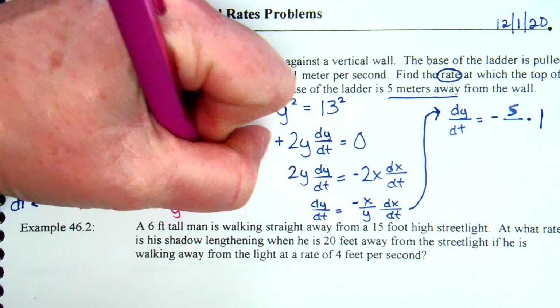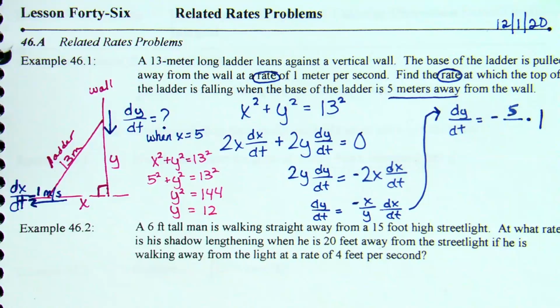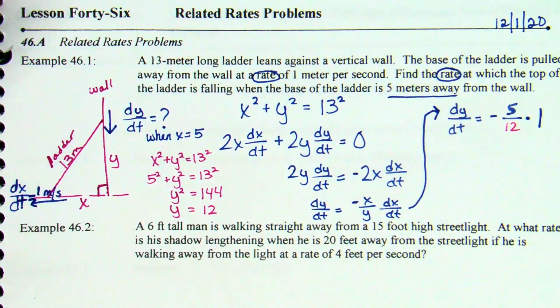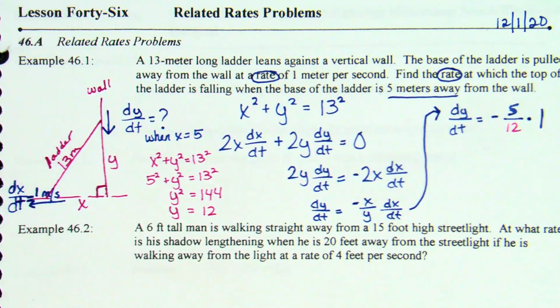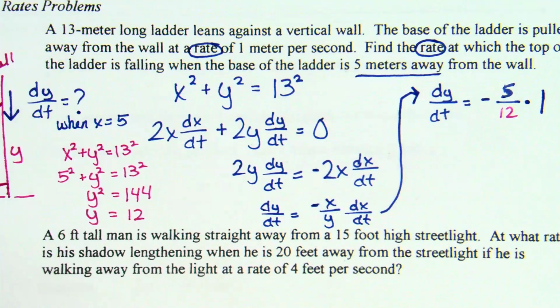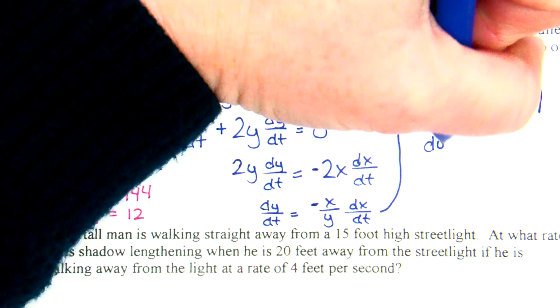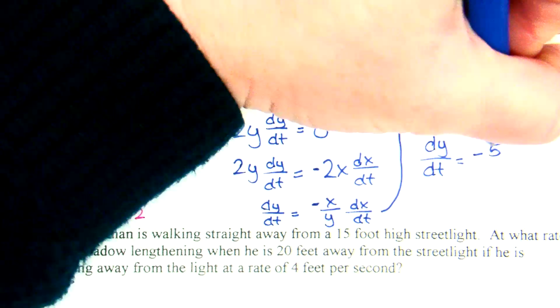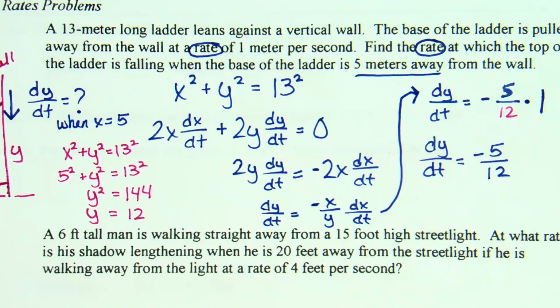And the square root of 144 is 12. So what are we going to put in for y? 12. Oops. So I have negative 5/12 times 1, which is negative 5/12. Negative 5/12 what? Meters per second, because it's a change in y in relation to time.